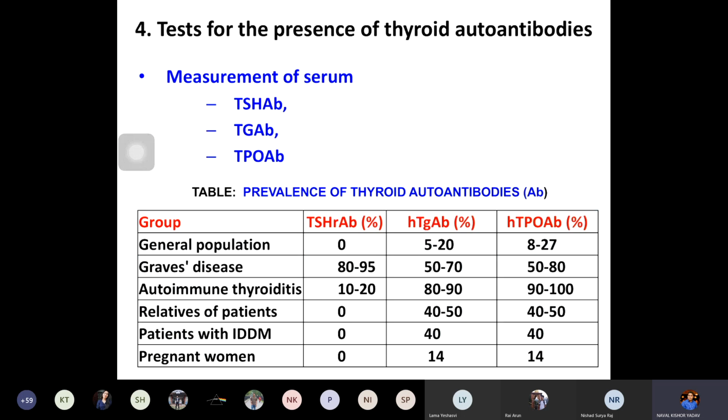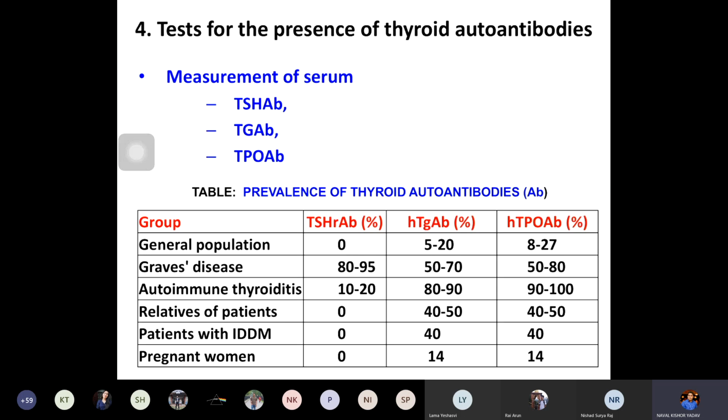The fourth one is the test for the presence of thyroid antibodies. During thyroid disorders, there is a production of some antibodies, and in different disease conditions you can find this. So what are the antibodies that can be produced against molecules related to the thyroid gland? The antibody produced against the TSH receptor you can measure.